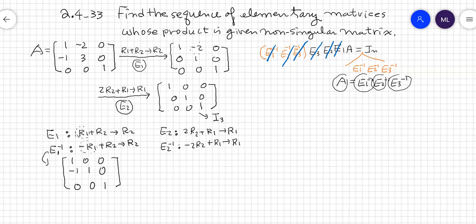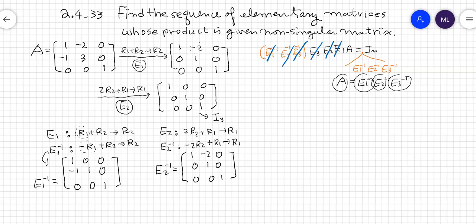Okay, so the inverse of that is, it is 0, 0, 1, nothing changes in R3, and then 0, 1, 0, and negative 2 copies of R2 to R1, so this is going to be negative 2 and 0. So this is the inverse of E1, this is the inverse of E2. Okay.